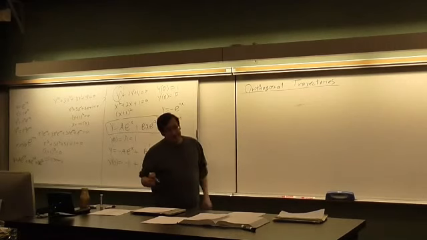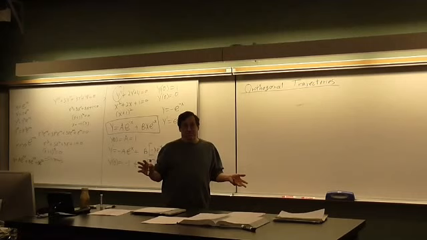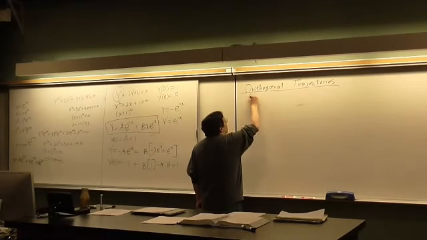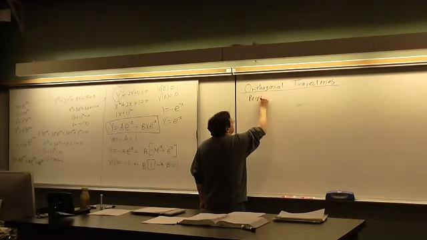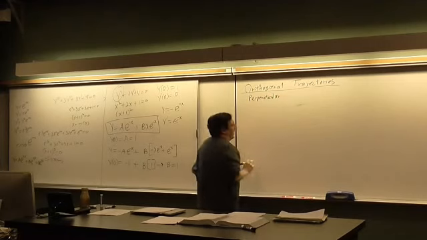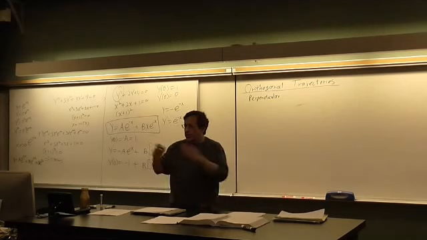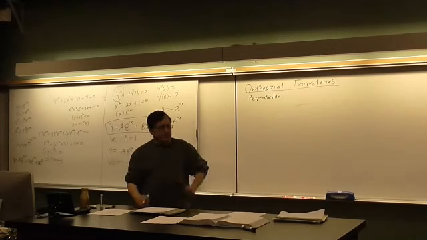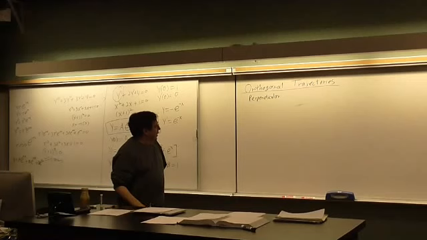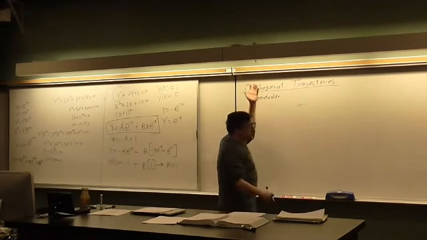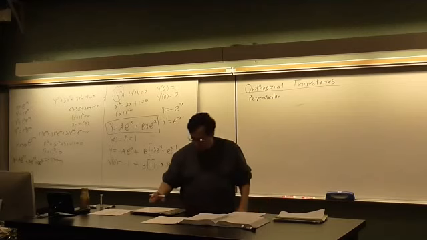Orthogonal, when you're talking geometrically, means perpendicular. I say that because there are circumstances where there is no geometry, but we still have orthogonality. Okay, so we're looking for something which is orthogonal to something else.